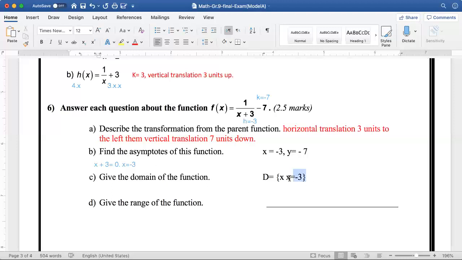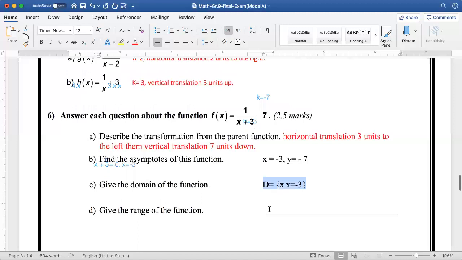I will copy this one and write it for the range. The range is for the y values. What is the y value here? I will replace it and write y.